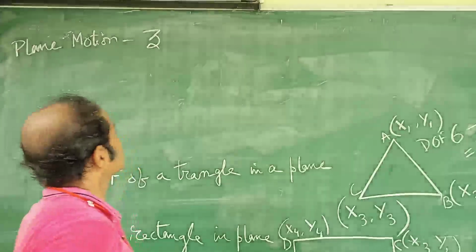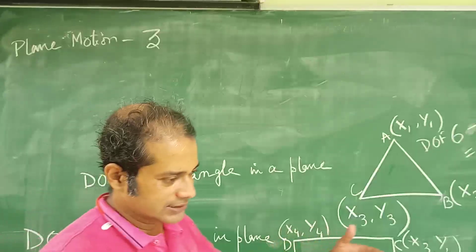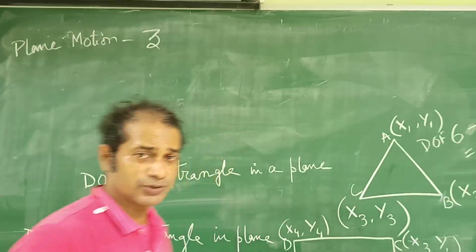The degrees of freedom possible is 3. So these 3 degrees of freedom are to be identified as translation in x, translation in y, and rotation about z.